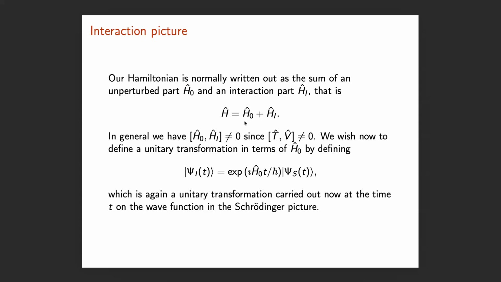This H0 is often a part of the Hamiltonian which we can solve, hopefully, analytically. And you will see in Project 1 that H0, for most of the cases, is going to be an operator which has qubit 0 and qubit 1, or many-qubit cases, as a computational basis, an eigenbasis.